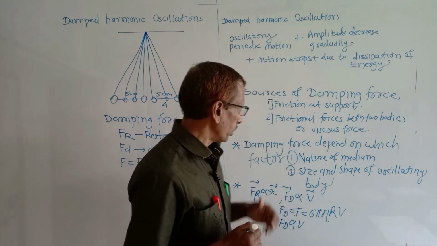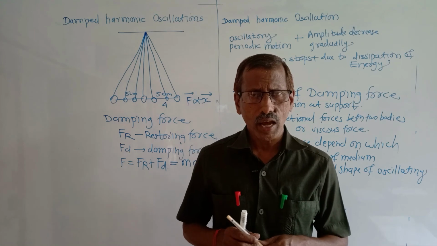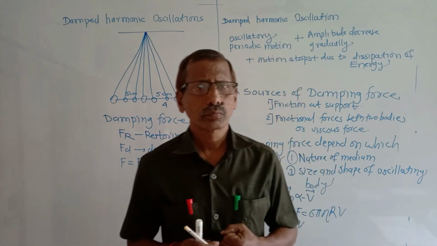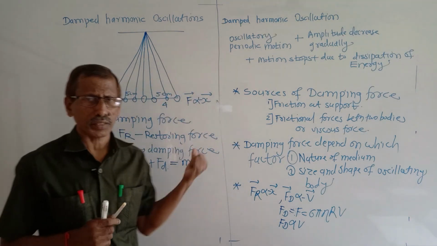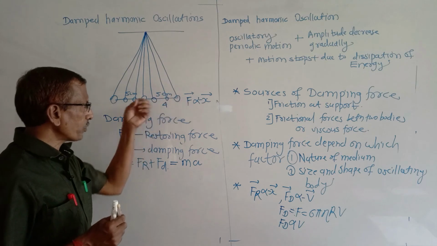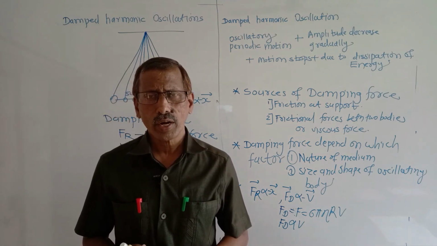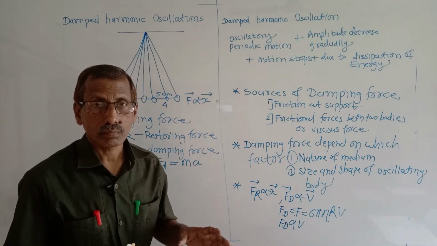So we have studied free harmonic oscillations and damped harmonic oscillation. Now the question arises, when the amplitude of oscillation of this motion is decreasing and we have to keep the amplitude constant, what do we have to do? We have to apply an external force.